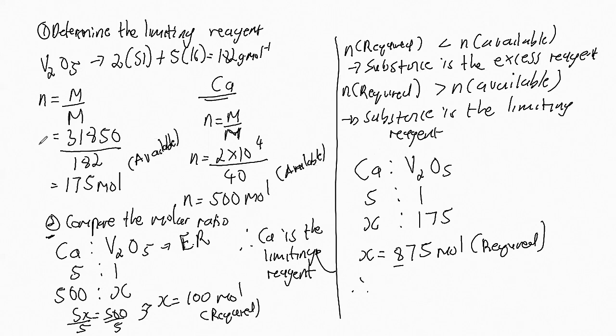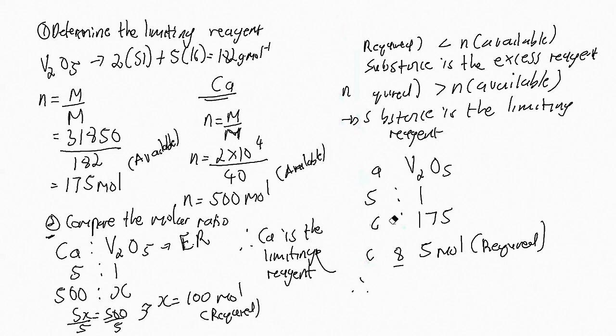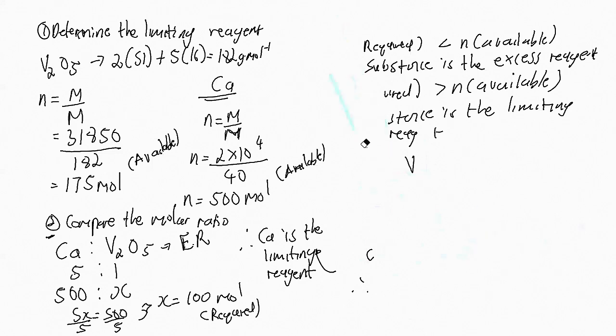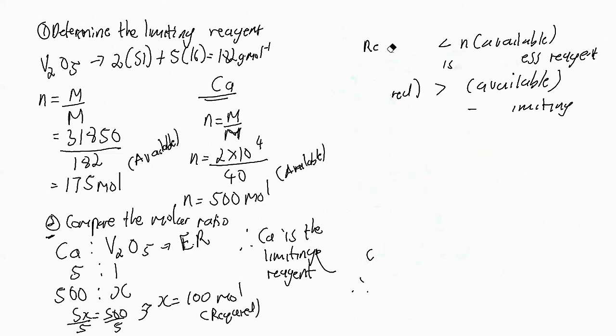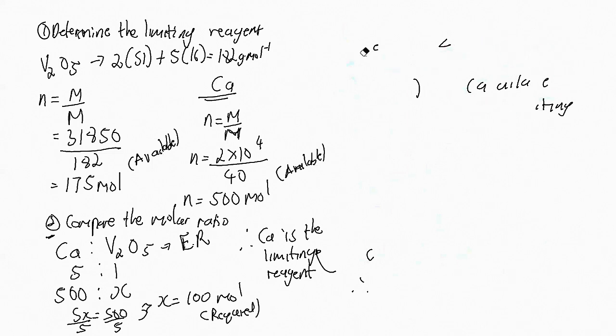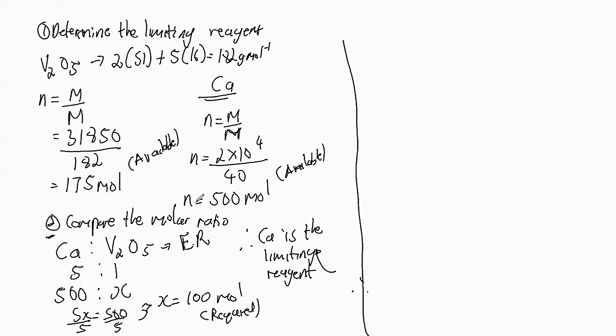So, okay, now let's not get carried away in the question. Remember, this is not what we were looking for. The goal of the question was to find the theoretical yield. So after we have identified the limiting reagent, we still need to continue with this question and find the theoretical yield.